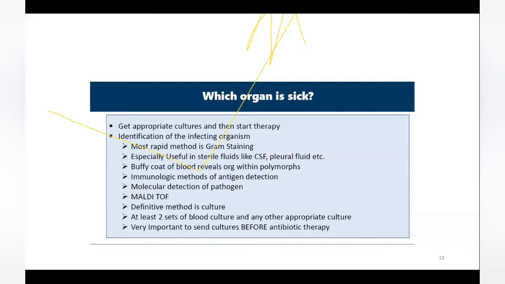Not all the organisms are strictly aerobic. Not all the organisms are strictly anaerobic. Most of the organisms, 70 to 80% of the organisms, are facultative anaerobes, like E. coli, Klebsiella, Staph. They are facultative anaerobes. That is, they can grow in the presence or absence of oxygen.